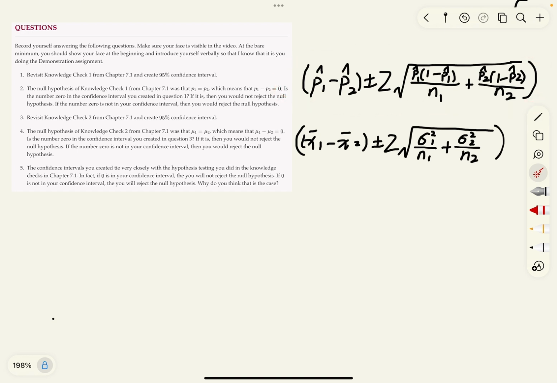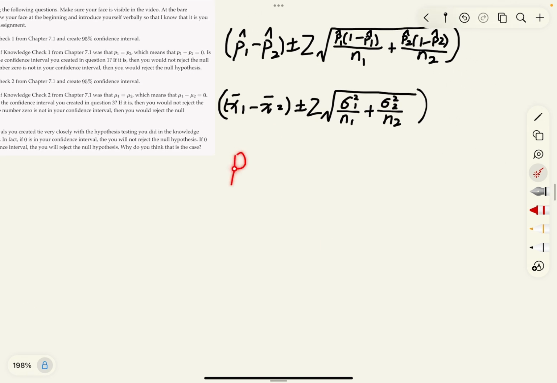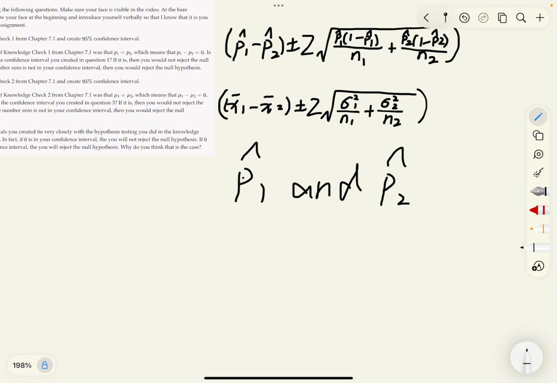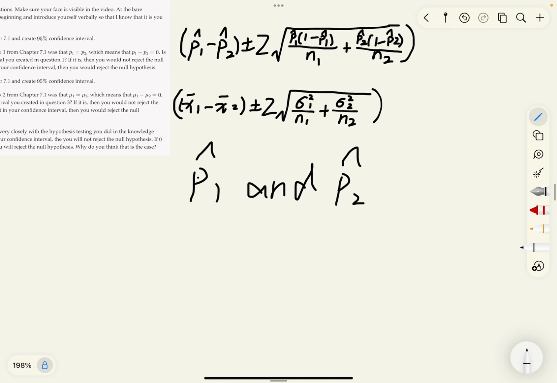Here P1 and P2 are the sample proportions, and N1 and N2 are the sample sizes.